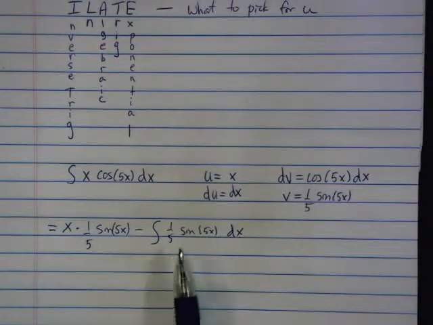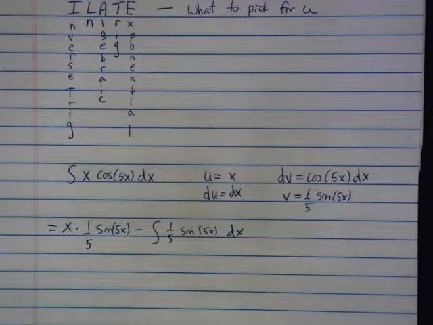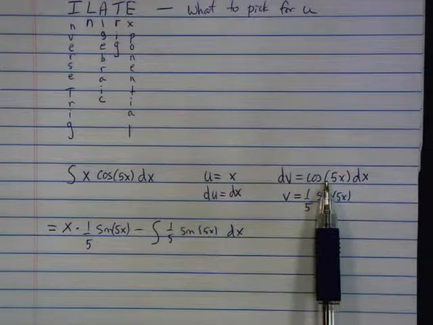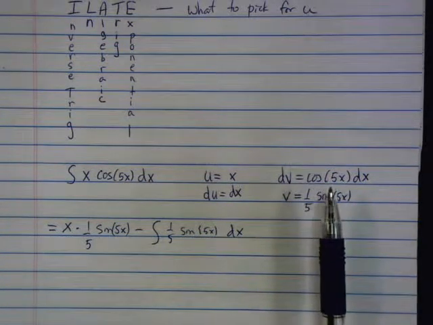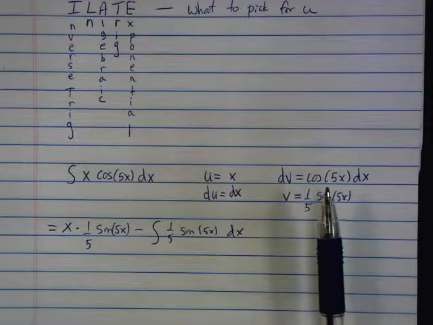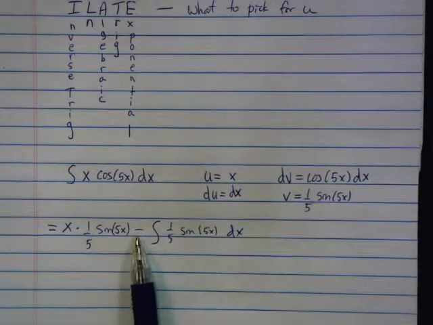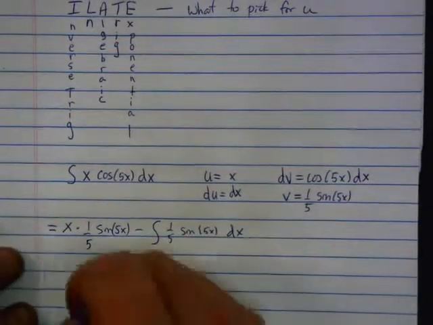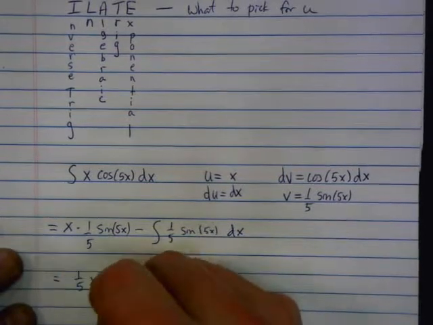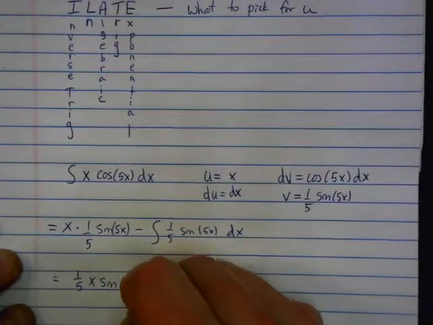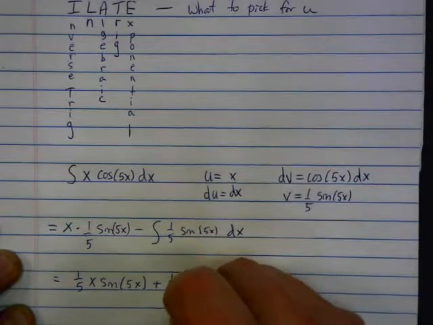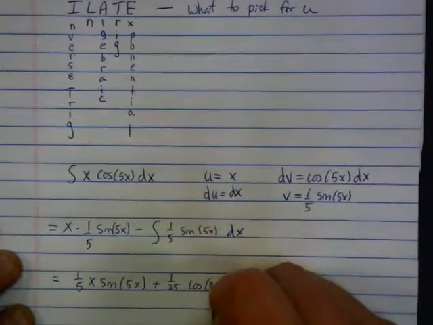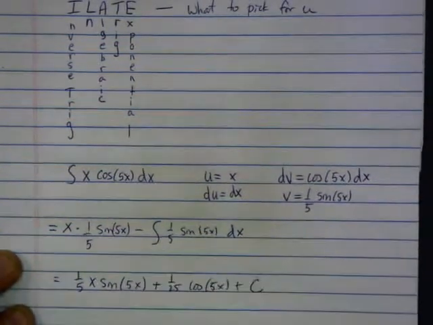Can you integrate 1/5 sine of 5x? Yeah, it's almost the same as the integration you had to do here, isn't it? 1 times cosine 5x. How about 1/25? 5 times 5. And this should be a negative, and when we integrate again, we're going to get another negative, so it's going to be a positive. Final answer: 1/5 x sine of 5x plus 1/25 cosine of 5x plus c.